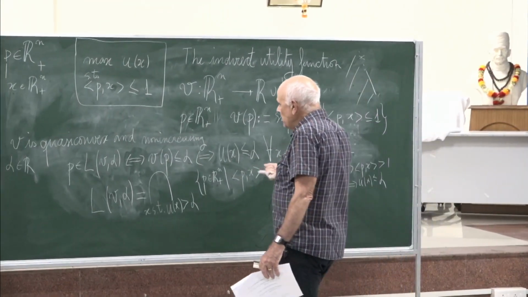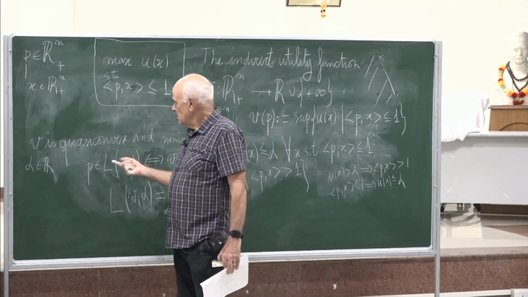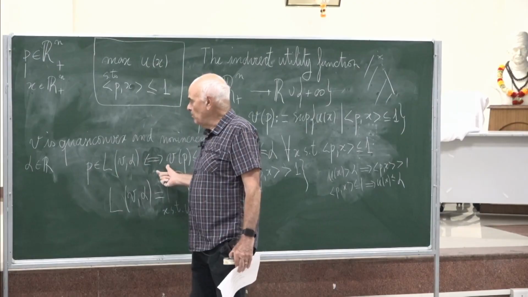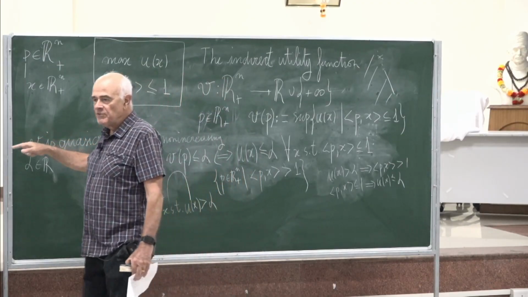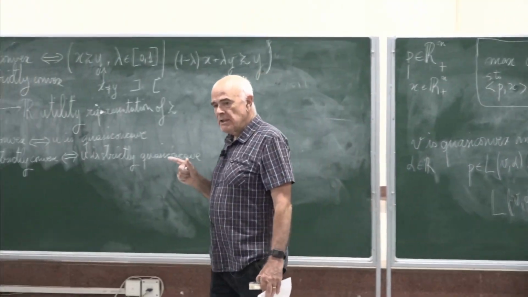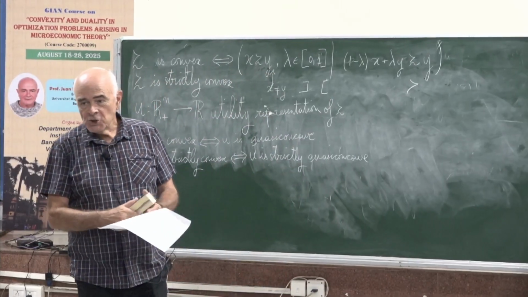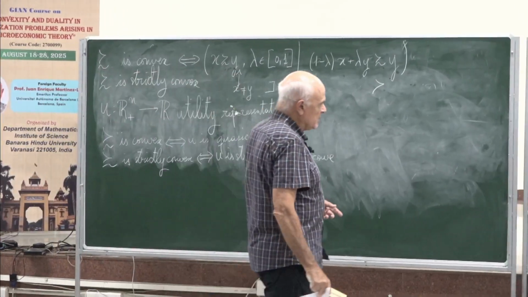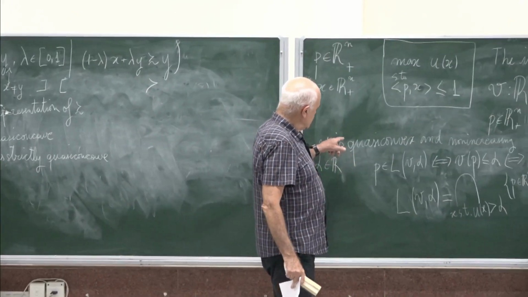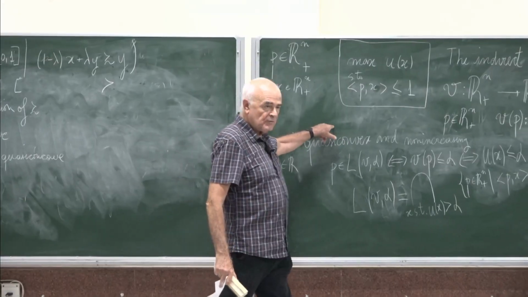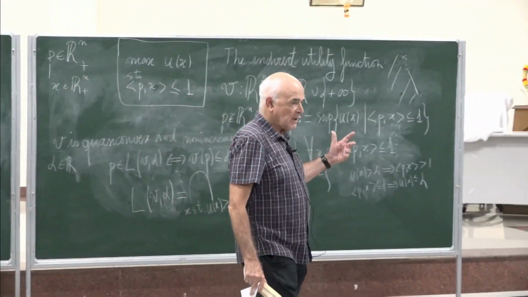If I consider evenly quasi-convex, I take into account the fact that this is evenly convex, then I would say V is evenly quasi-convex. But I'm not saying this, because this would not give enough information. I mean, the fact that I have that strict inequality here allows me to write evenly quasi-convex if I want, but I don't want to.